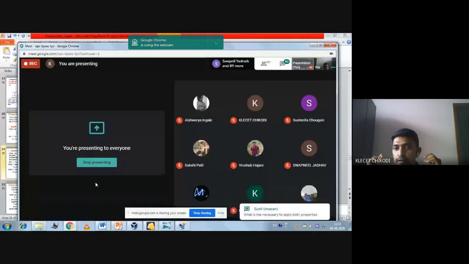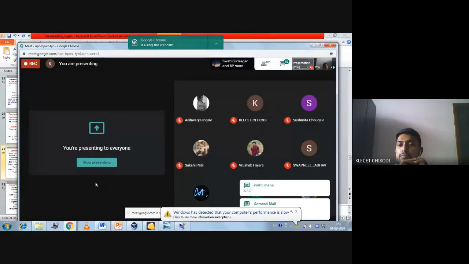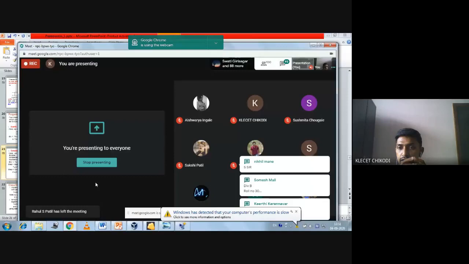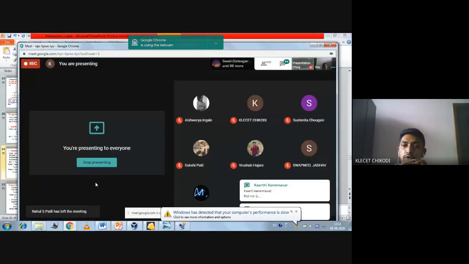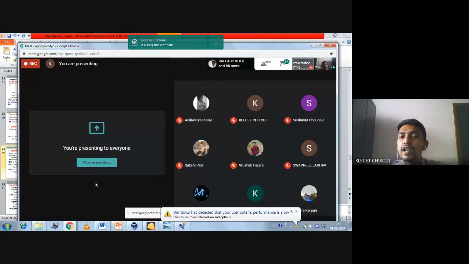Is that clear? So somebody has asked what is the necessity of applying the complementary property, right? We are using this complementary property to solve the Boolean algebraic equations. To simplify the Boolean algebraic equations, we need this. Whatever algebraic rules, laws and theorems, De Morgan theorems, and these properties I am explaining now, we need those to simplify the Boolean algebraic equation.